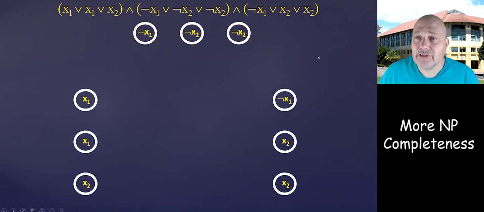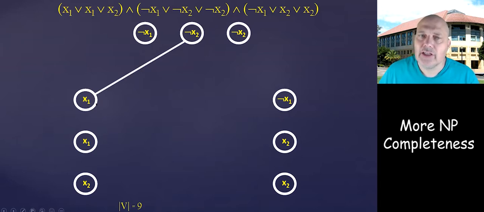Now we have the vertices, we need to create the edges. So for example, the number of vertices is 9, and this is one edge. It goes from one group to the other. You never put edges within a group, but between these two groups you put edges. And note that the literals are consistent. x1 and not x2 can both be simultaneously satisfied by setting x1 to be true and x2 to be false.